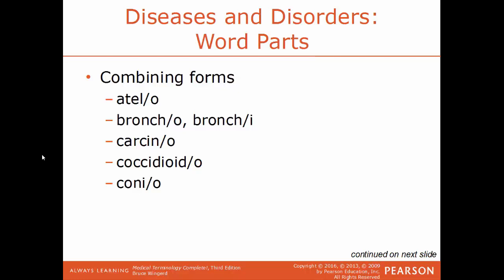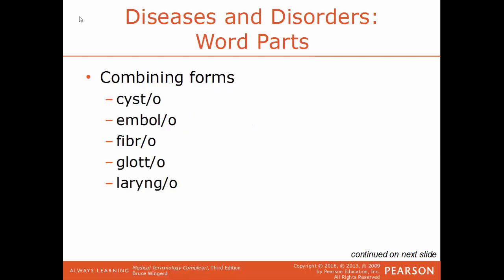Carcino is a reference to cancer. A carcinogen is something that causes cancer. Coccidioid is a reference to a very particular type of fungal infection. The full version of this combining form you'll see when we get to the particular diseases. And the last term on here, conio, is a reference to dust.